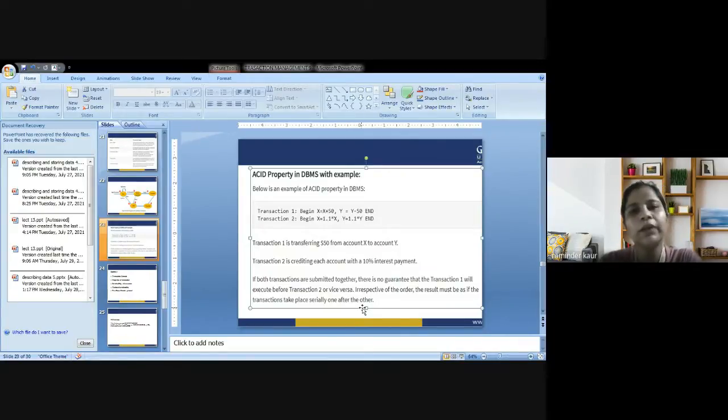If both transactions are submitted together, then there is no guarantee that transaction 1 will execute before transaction 2 or vice versa. So irrespective of the order, the result must be as if the transactions take place serially, one after the other. So this is a practical example of how we deal with transaction management.